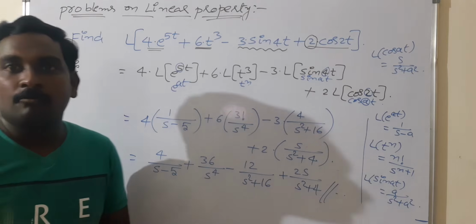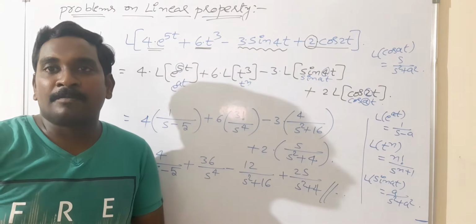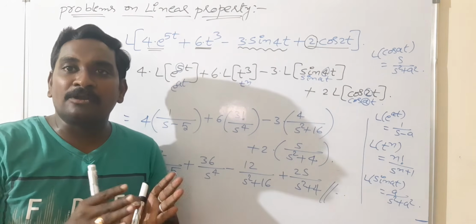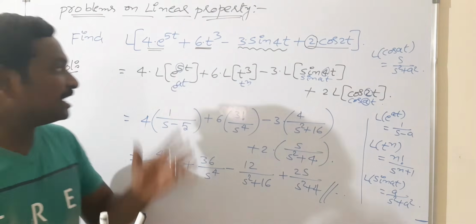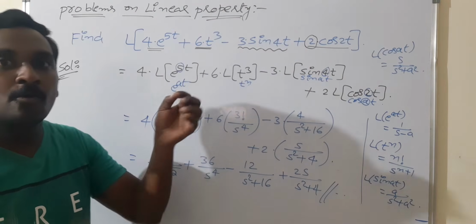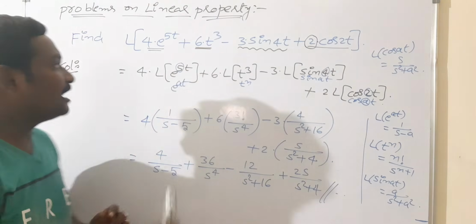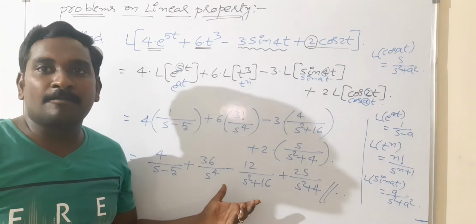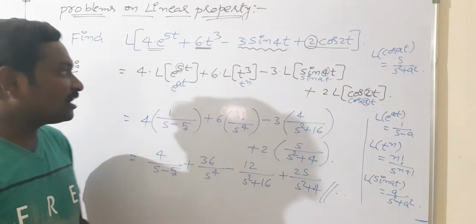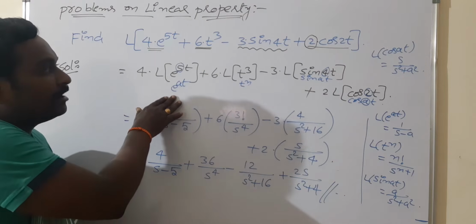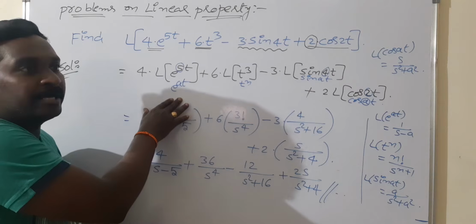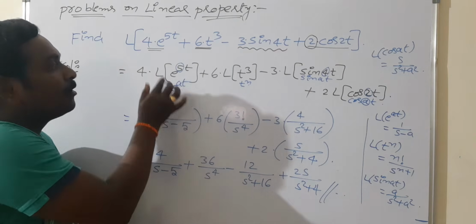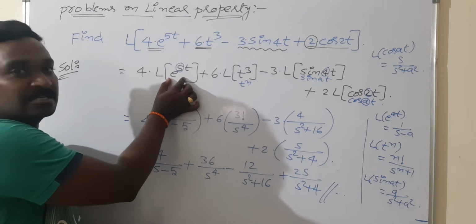In this way, we can use the linear property. Whenever more than two functions are in addition or subtraction, we can easily split the terms and apply Laplace individually. Okay, this is the linear property. After applying the linear property, another important point is that you should identify the structure of the inside function.